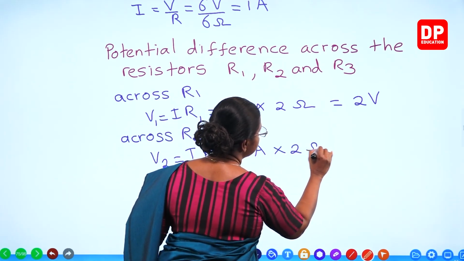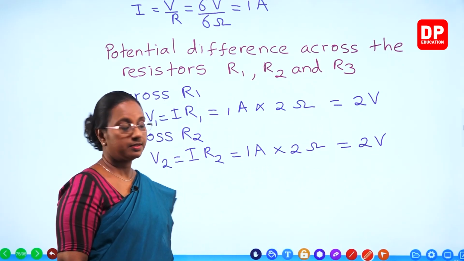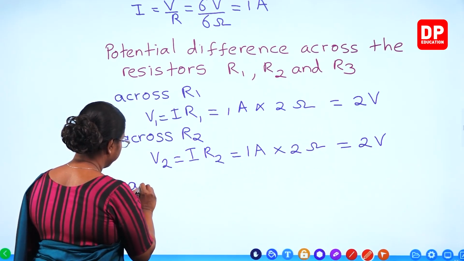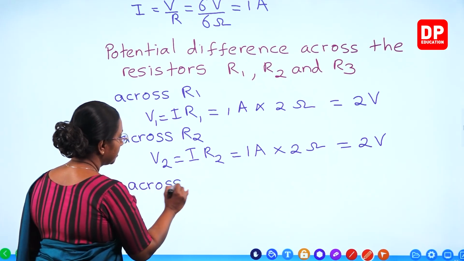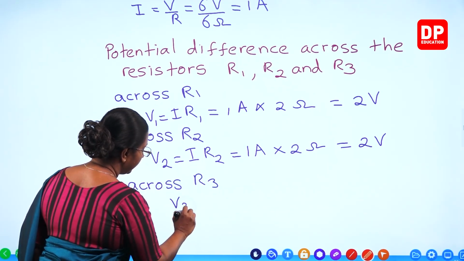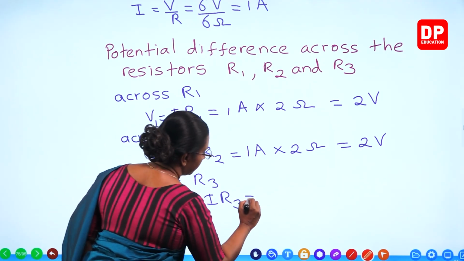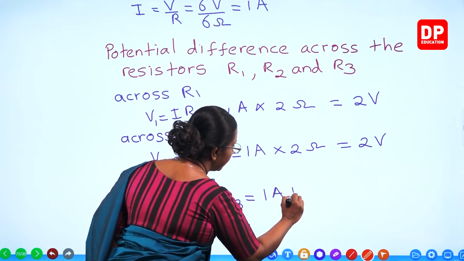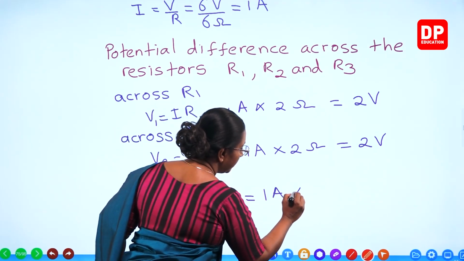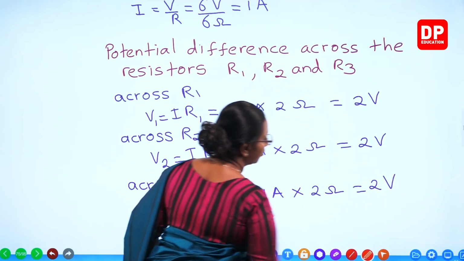The resistance is the same. So that is also going to be 2 volts. Same for the third one. Across R3, that is going to be V3 equals I into R3. That again 1 ampere into 2 ohms, that is 2 volts.